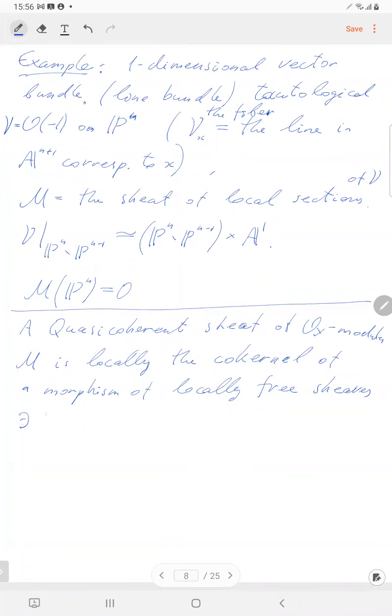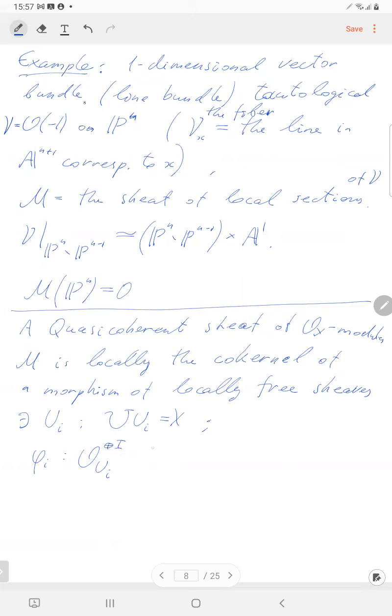again, there exists an open cover. And on this open cover, you can take some morphism phi_i from O_{U_i} to some power, say I. In fact, this power can even be infinite.